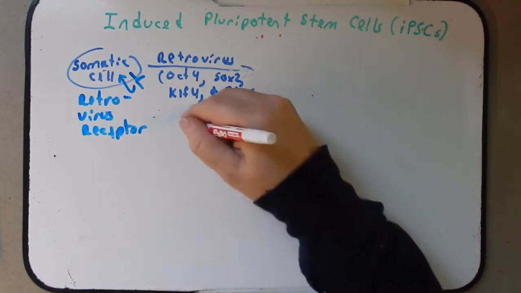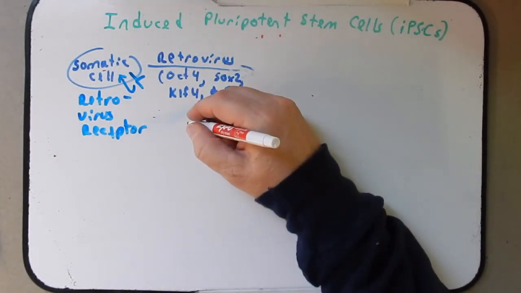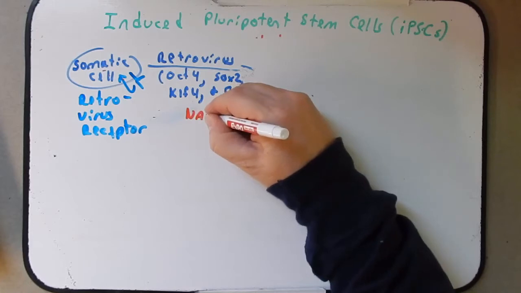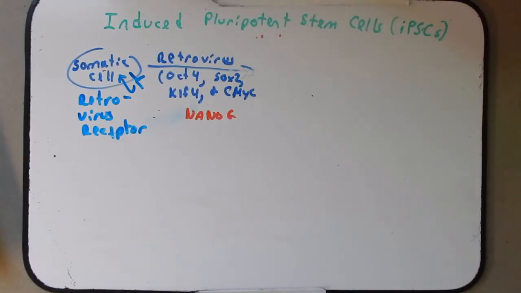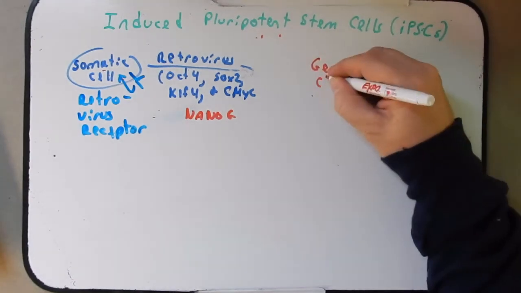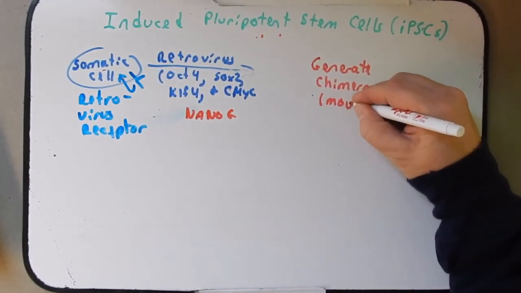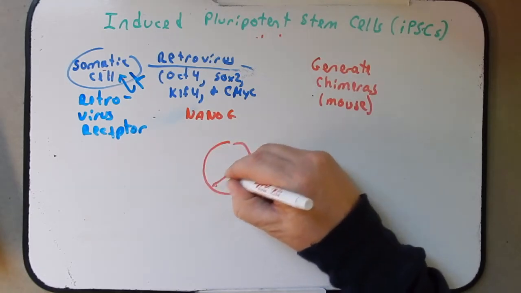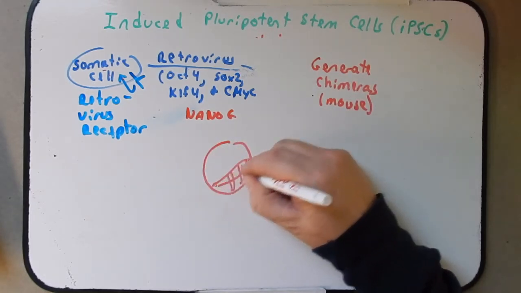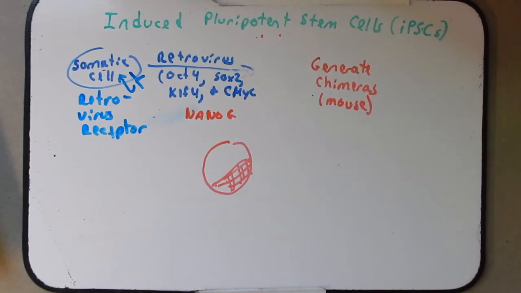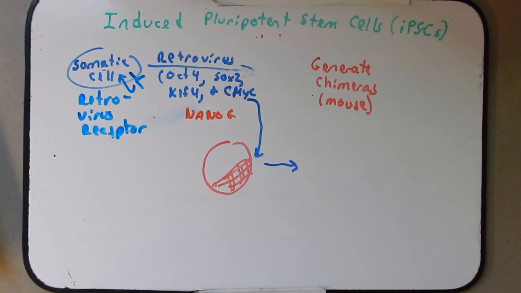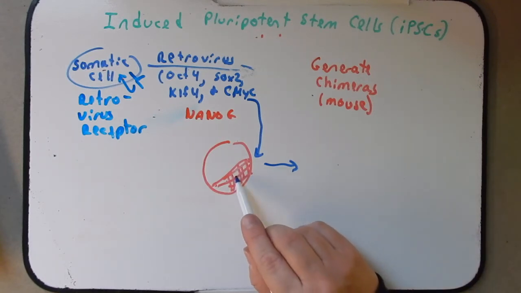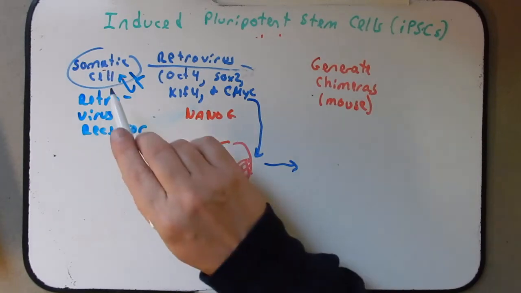They also discovered that if they added to this retrovirus the transcription factor that we've talked about before, Nanog, and if we did this, we were able to generate chimeras, I should say in mice, where you're able to take this blastocyst, which contains the inner cell mass, and add to it these cells here and allow it to develop.